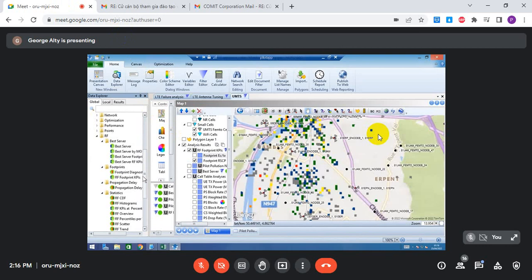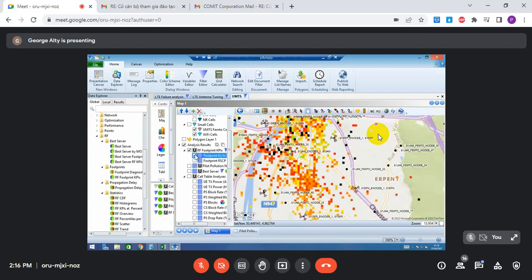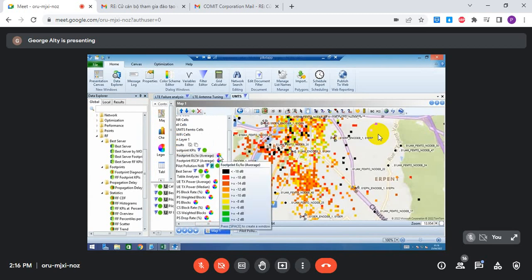Okay, it's a footprint diagnostics, we covered that. Server. So yeah, we covered that, in particular ECI naught as well. So if we looked at the footprint of that particular cell, which we believe is polluting, if we run over that, you can see that in that particular area, it's serving an area where its own interference performance is quite poor.